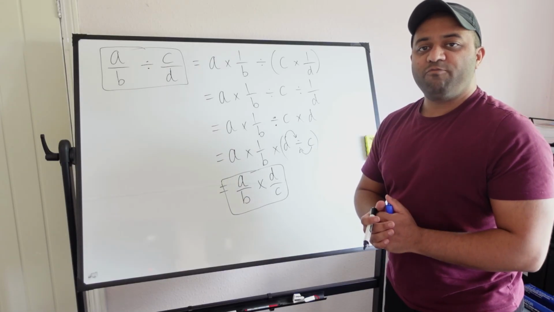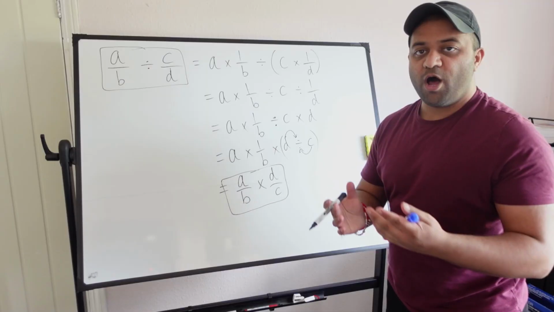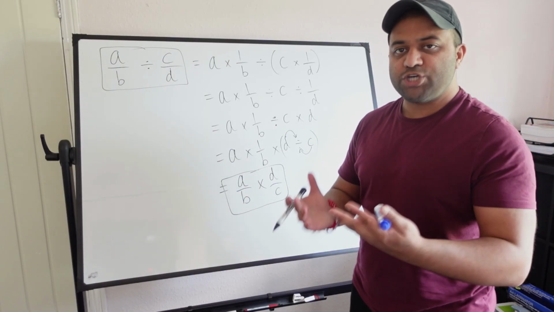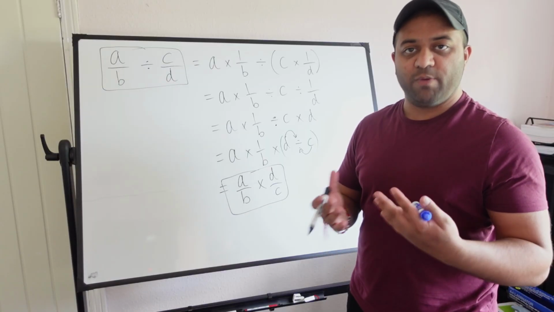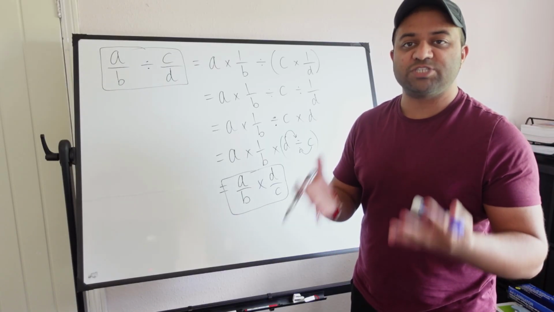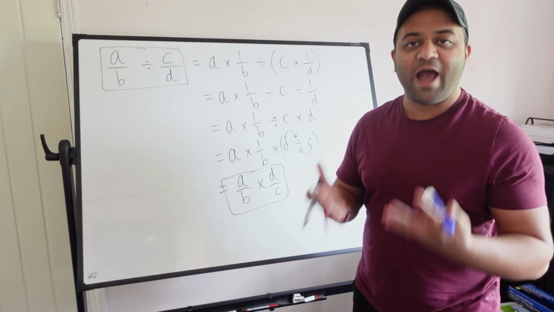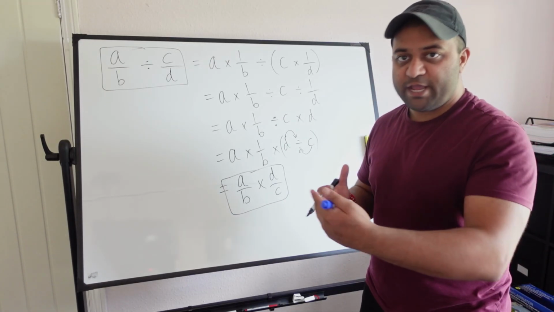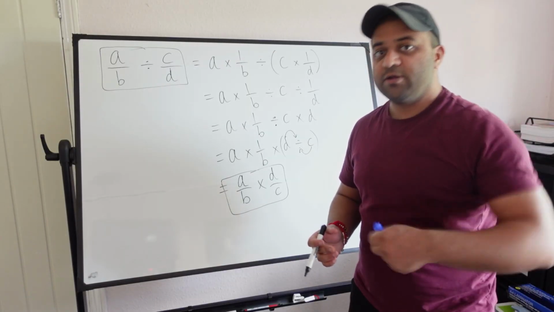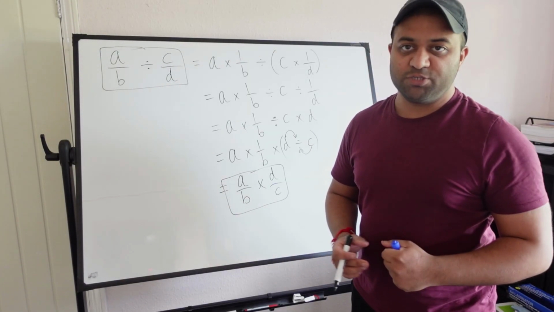So hopefully that explains why the keep, flip, change method actually works. So we're not mindlessly doing mathematics. We now understand the why or the how as to why and how we can keep, flip, change, or flip the fraction, change the division into a multiplication.